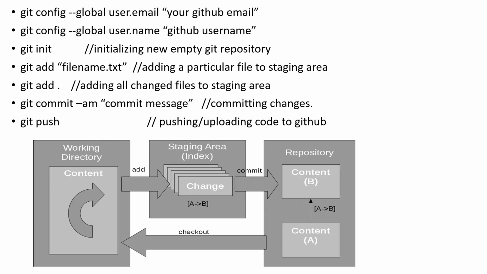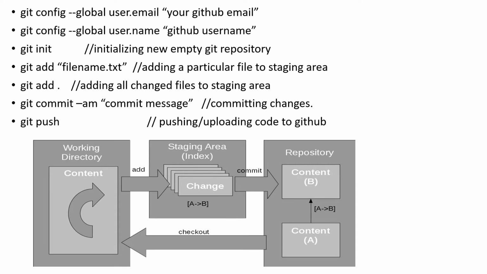Now once you are confirmed that all the files that have to be changed are there in the staging area, and you have gone through the file changes, and you are sure that you want to commit the changes to the repository, so you could say git commit -am commit message.